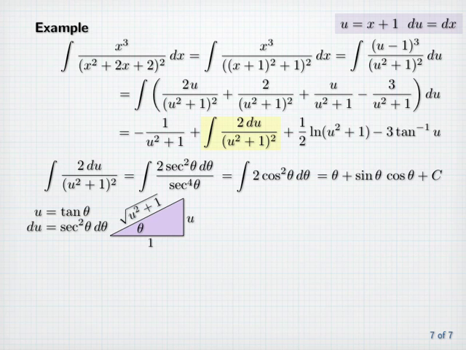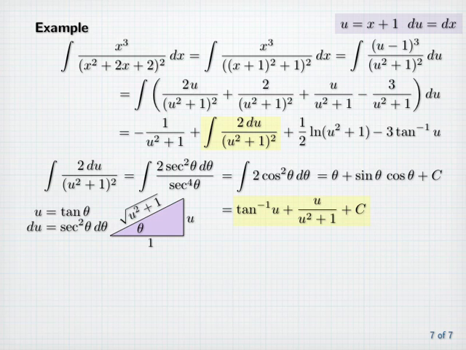So the sine of theta is u over the square root of u squared plus 1, and cosine theta is 1 over the square root of u squared plus 1. We multiply those factors together, and we get u over u squared plus 1. So our indefinite integral is inverse tangent of u plus u over u squared plus 1 plus c.